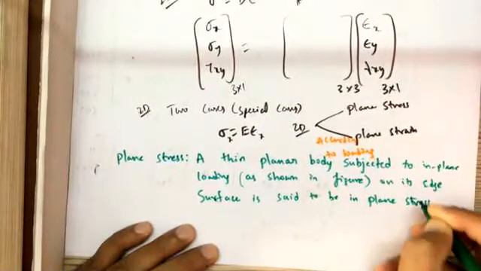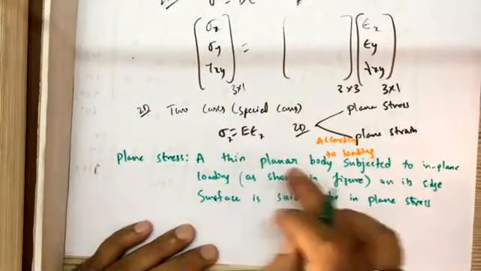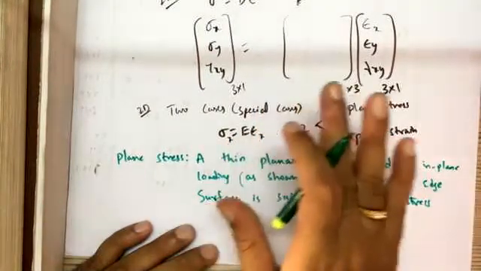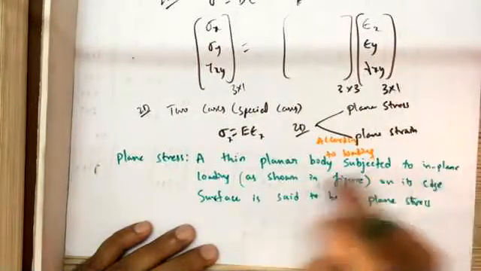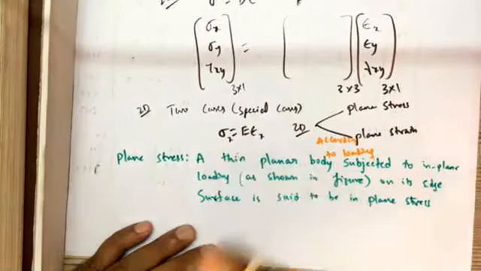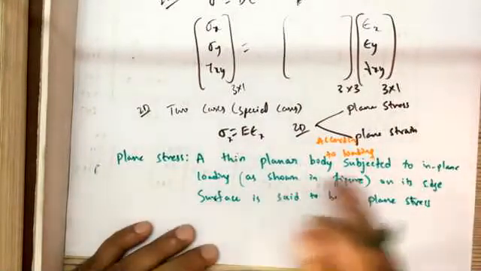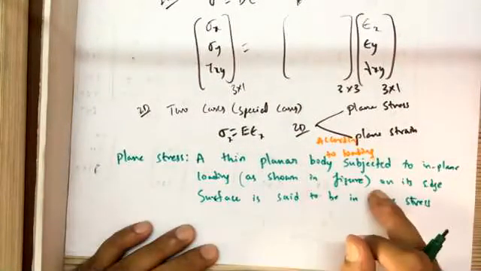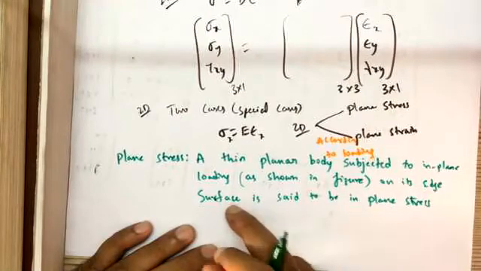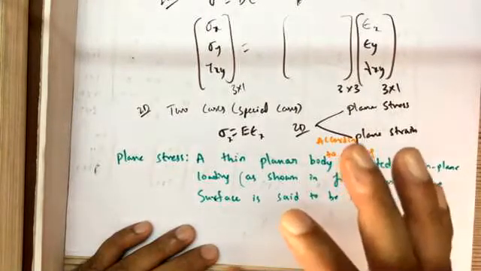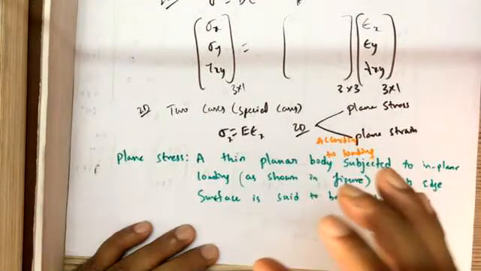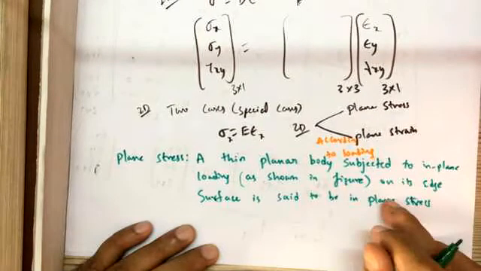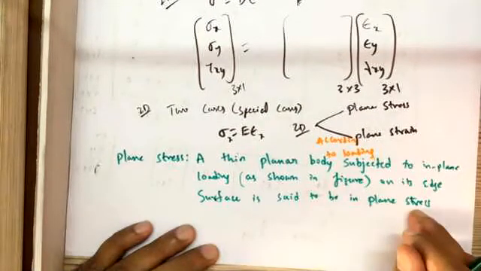So it is very clear, a thin planar body should have only a simple plane, and the loading should be in the plane, on its edge surface. Is said to be in plane stress.